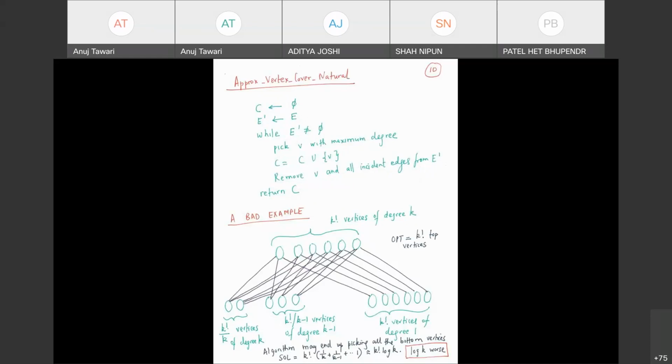The question is how much can we reduce? Can we give some guarantee that after these many iterations, the number of edges will reduce by this much? And that will give you this guarantee that it is at most log n times the optimal.